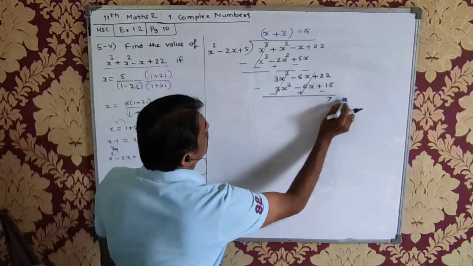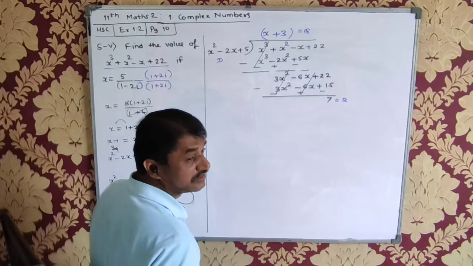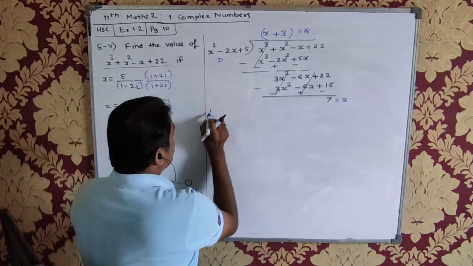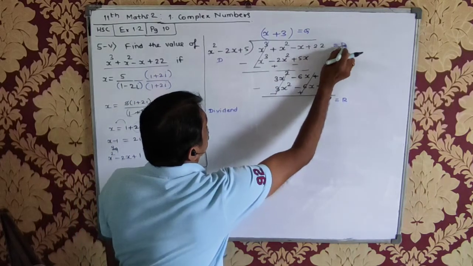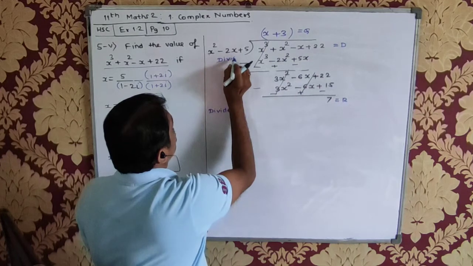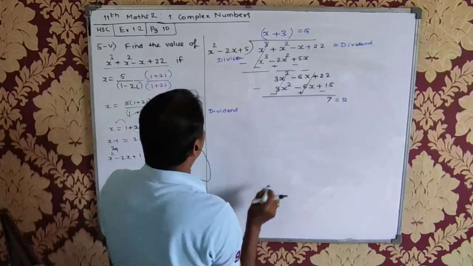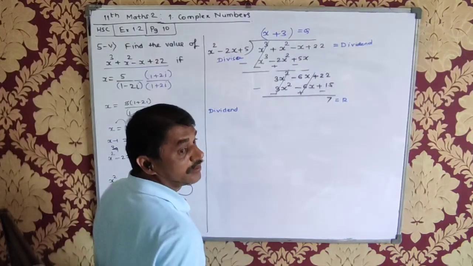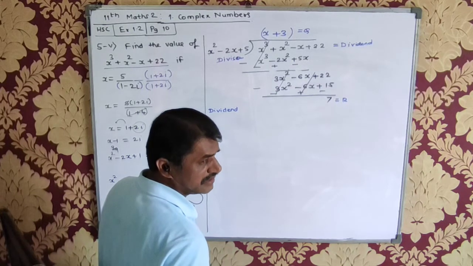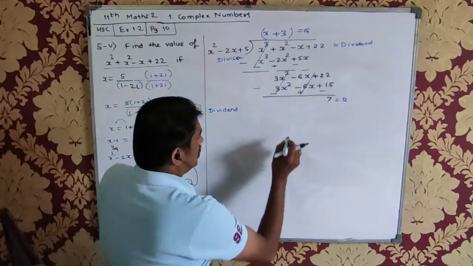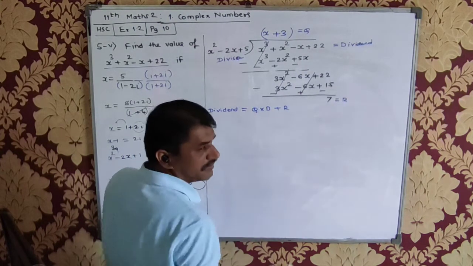This is called the remainder, and this is the divisor. So dividend is equal to quotient into divisor plus remainder.